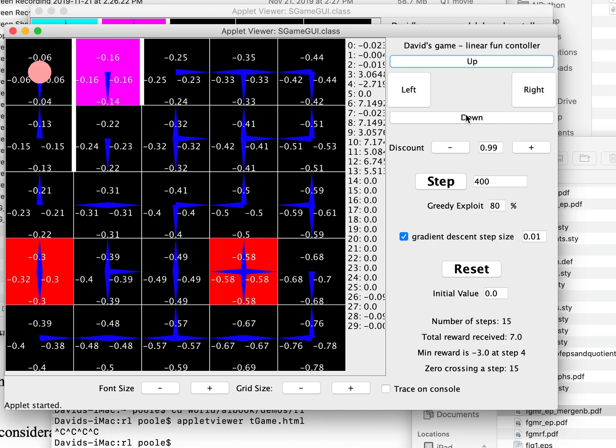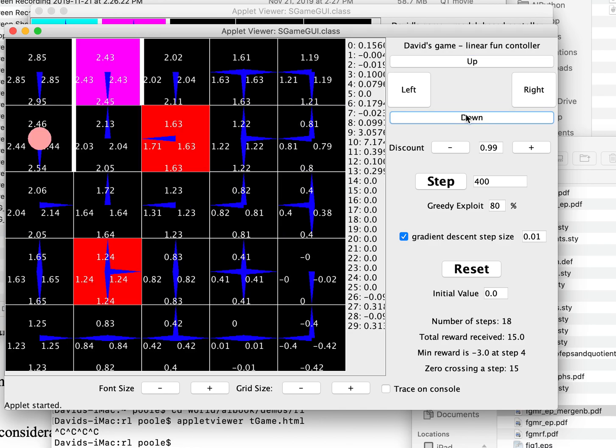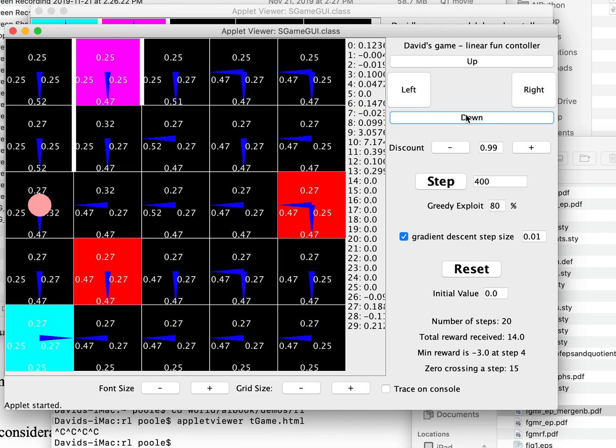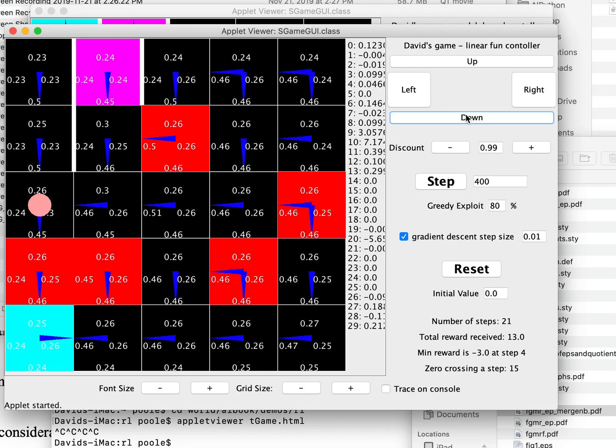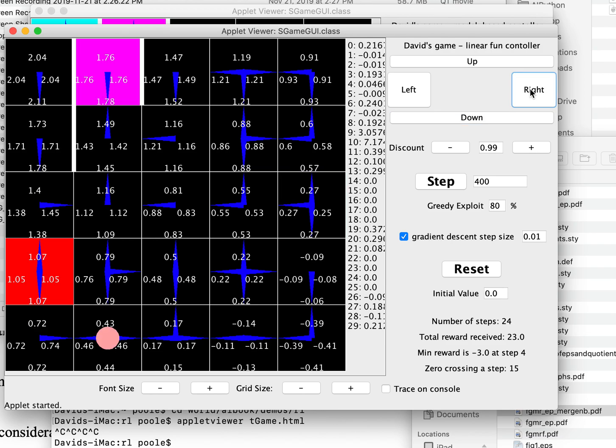Okay, it's only done 17 steps, and it already has the idea that it wants to go towards the treasure. Oh, it crashed into the wall. Now it's just going to wander around. It sort of knows to avoid the walls because that's a feature that it has.